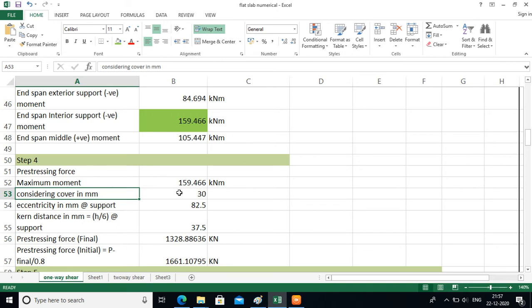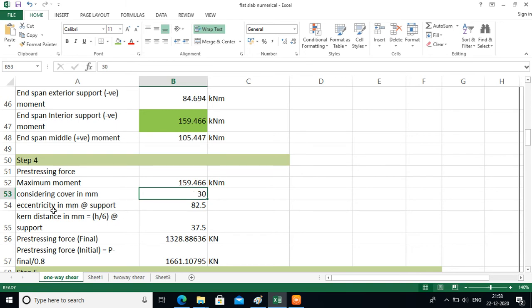So we'll get this prestressing force by using the theory of moment. To get the lever arm, first we assume the cover for that slab; I have considered a 30 mm cover.